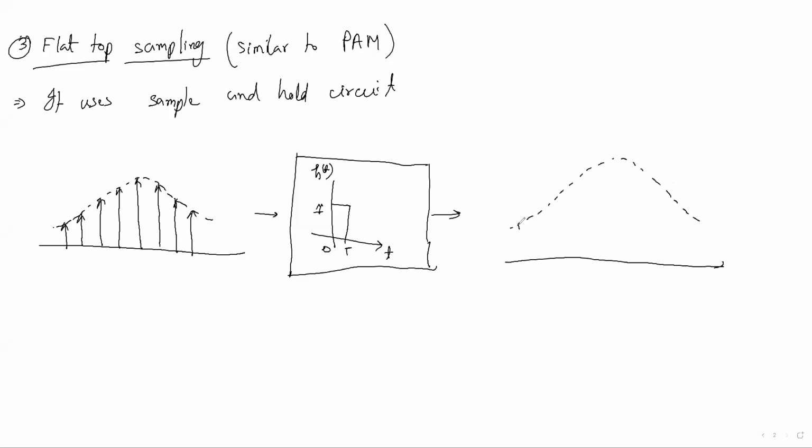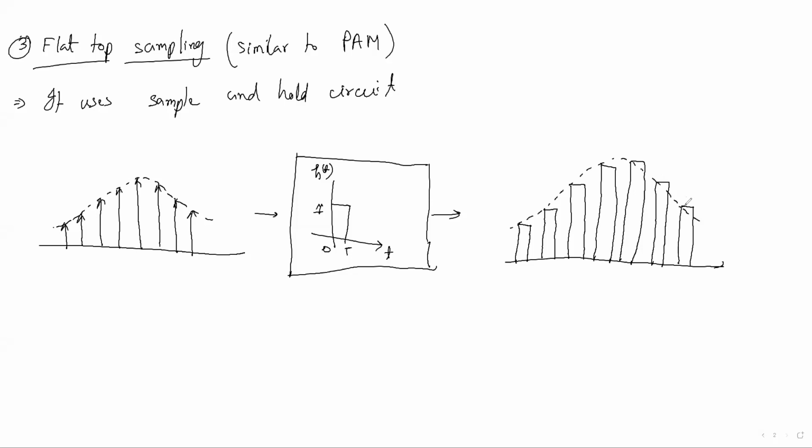The output will be like this. Where the impulse is, a rectangular shape will come. This is flat top sampling. Suppose there is an impulse like this, it will come. This is a sample and hold circuit.